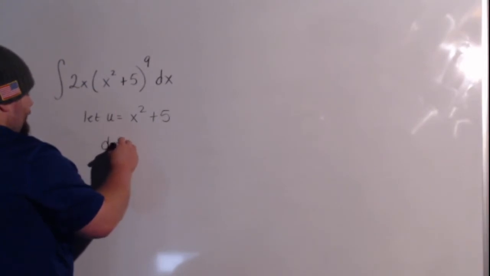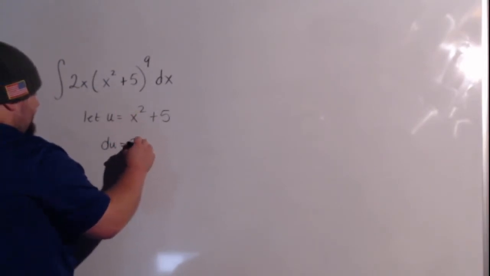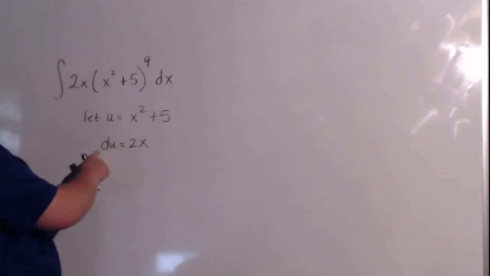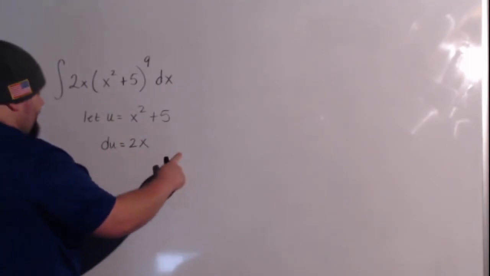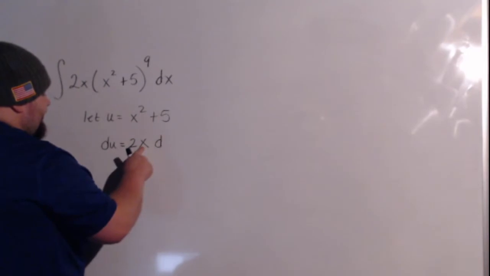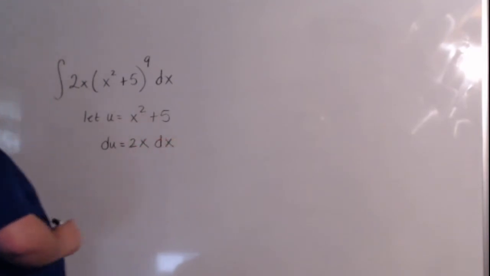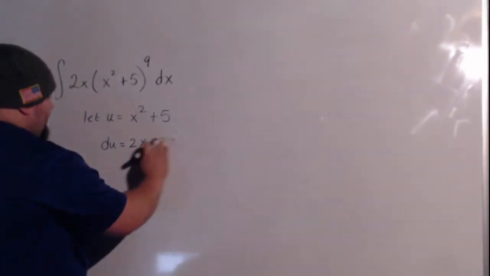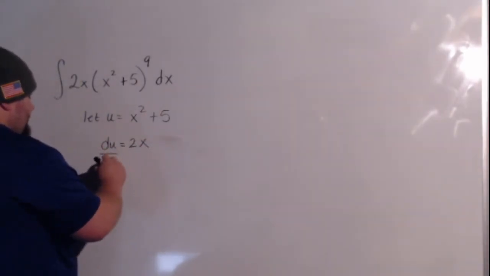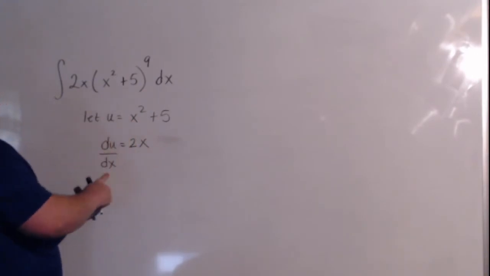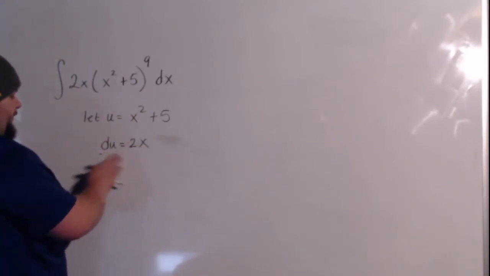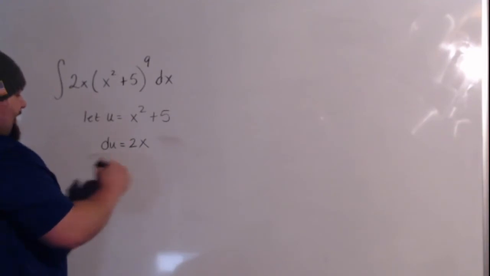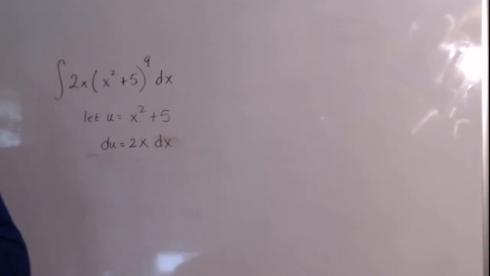So du is going to be 2x, and then because it's a differential, it needs a differential on the other side. Because this is with respect to x, we get dx. If you don't like this, what I've seen a lot of people do is take the derivative of this with respect to x and then move the dx over afterwards. While you're getting used to it, feel free. But that's really all we need right there.